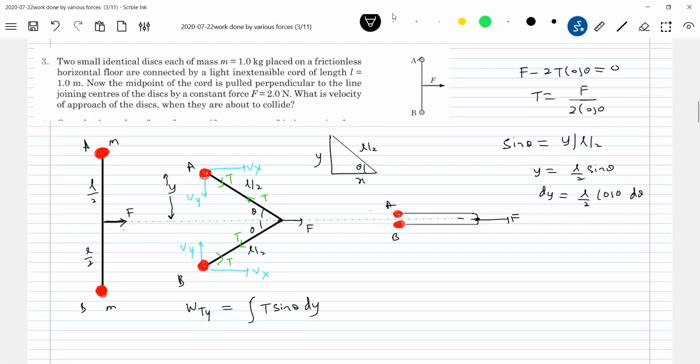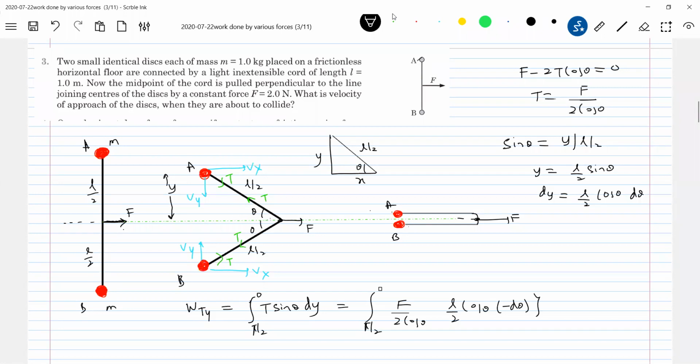Initially theta is 90 degrees, finally theta becomes 0. So the limit should be pi by 2 to 0. The tension is F by 2 cos theta. Now dy is decreasing, so in the limit substitution I'll put minus d theta.